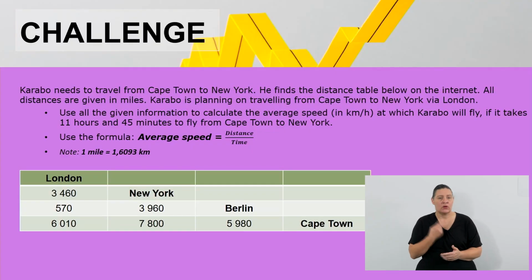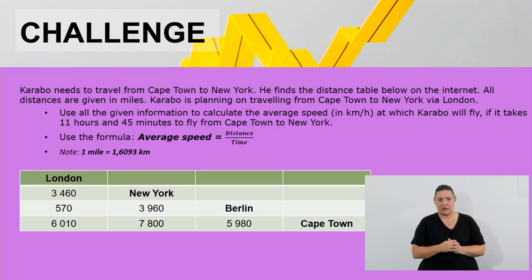So guys, I want to leave you with something for the week to keep you busy, but also to prepare you for your upcoming final exams. Karabo needs to travel from Cape Town to New York. He finds the distance table below on the internet. All distances are given in miles. Karabo is planning on traveling from Cape Town to New York via London.